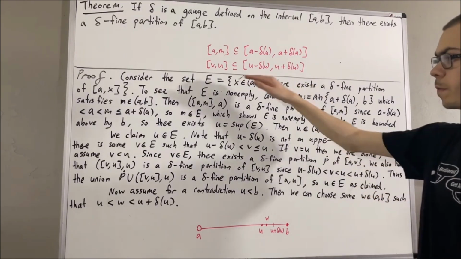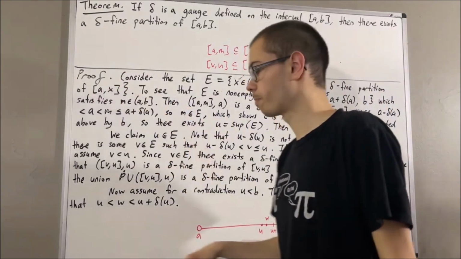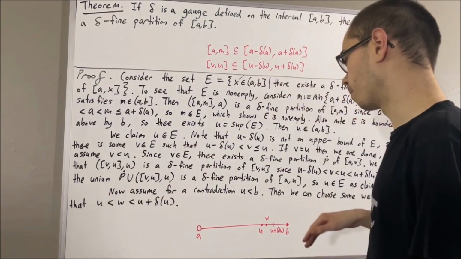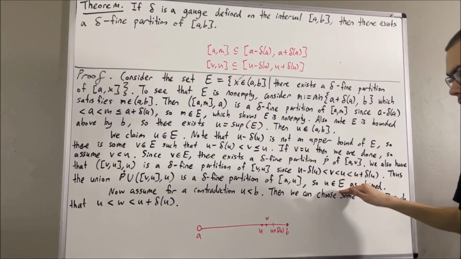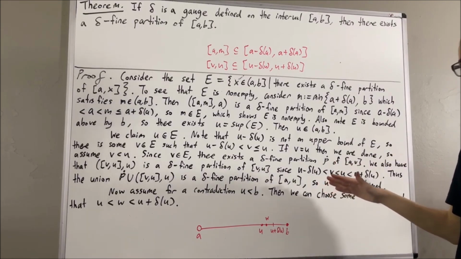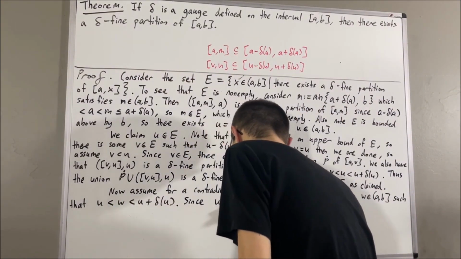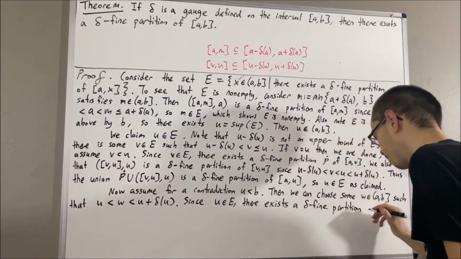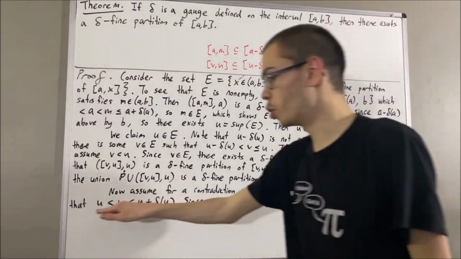So to show that w is an element of E, we want to show that there exists a delta-fine partition of the closed interval [a, w]. And to do that, let's first note, since u is an element of E, we know that there exists a delta-fine partition of [a, u], and I'll call that partition Q. But the claim is we can also find a delta-fine partition of [u, w].